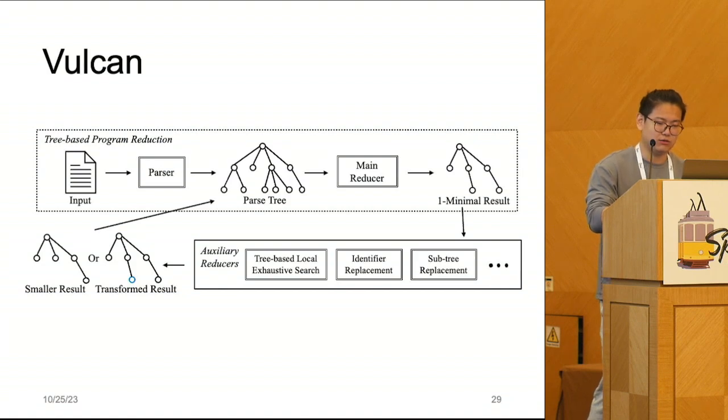And once a one-minimal result is obtained by the main reducer in our framework, one of the auxiliary reducers will be invoked to produce either a smaller or a transformed result that still has the specified property. And this smaller or transformed result will be sent back to the main reducer for further reduction. And we propose 3 example auxiliary reducers based on our observations, and more reducers can actually be added to this framework.